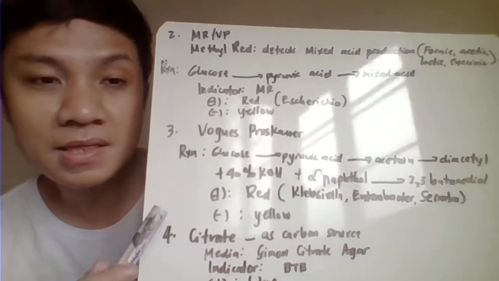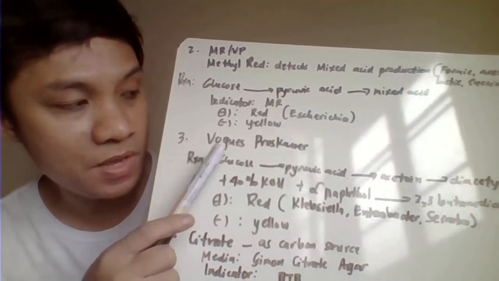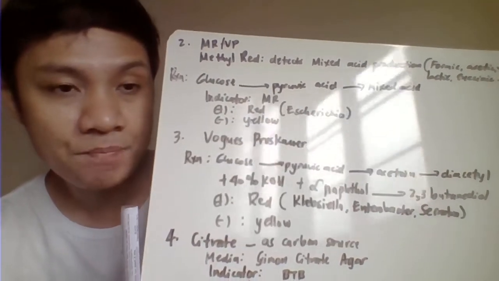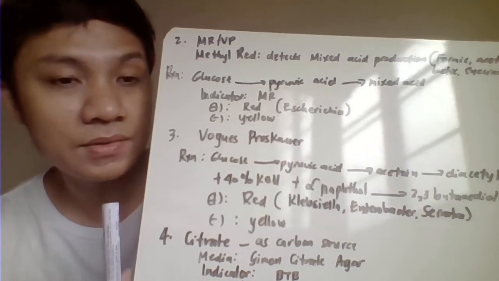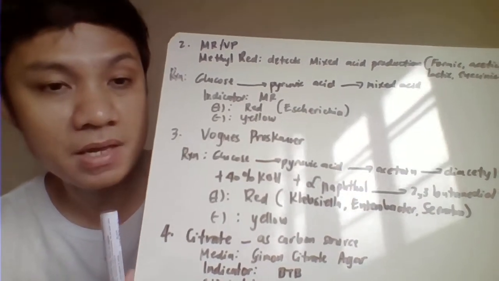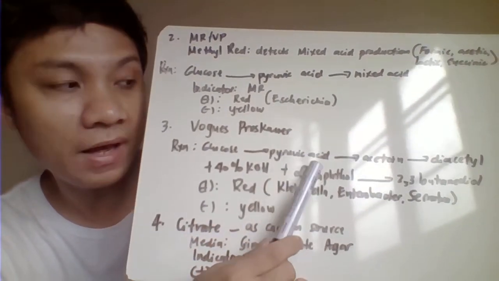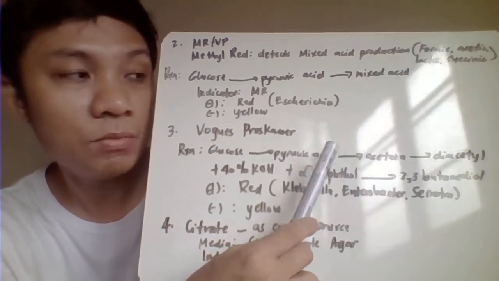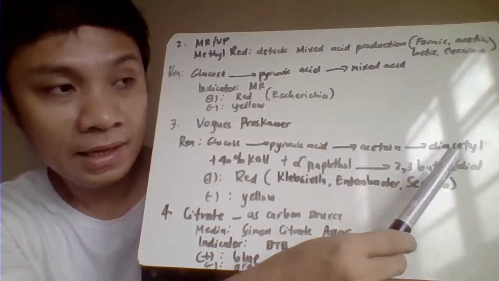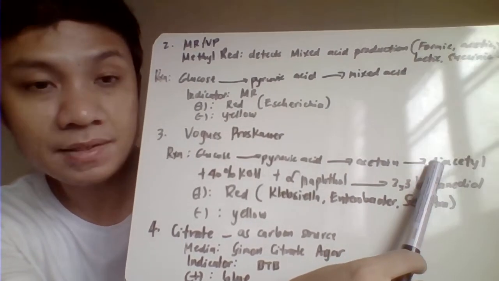Okay, the next related test for your MR, we have the VP, or Voges-Proskauer. The Voges-Proskauer is a test that would detect the ability of your bacteria to catabolize glucose, converting it to pyruvic acid, and further converting that to acetoin, which is oxidized to diacetyl.